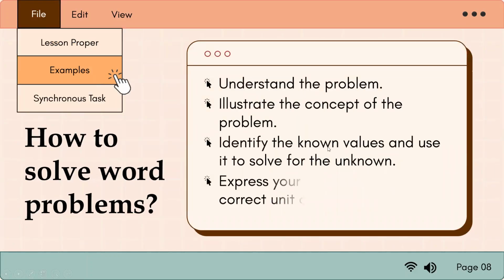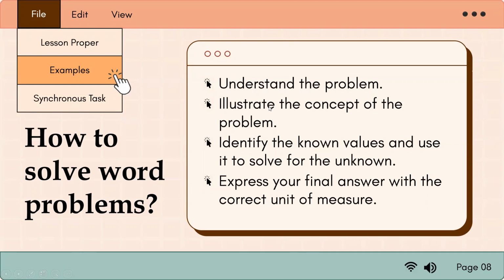So let's proceed here. We've already discussed the steps on how to solve word problems. First, you need to understand the concept, and of course you have to read and analyze. After understanding the concept, you now have the ability to illustrate.